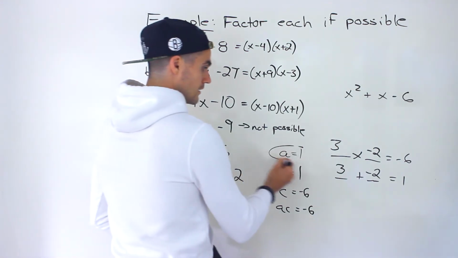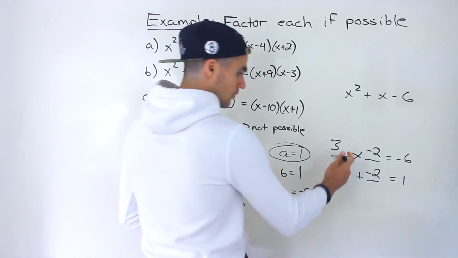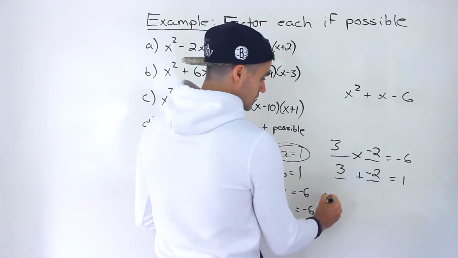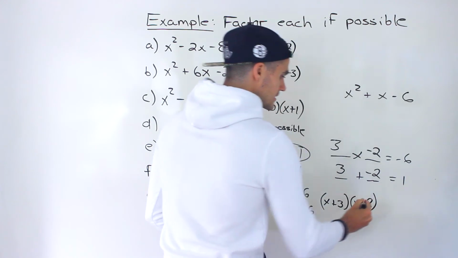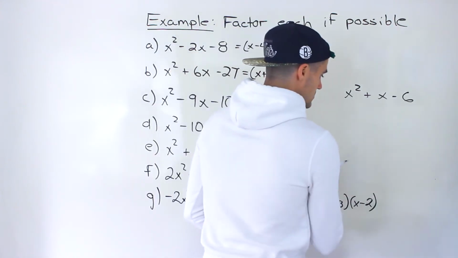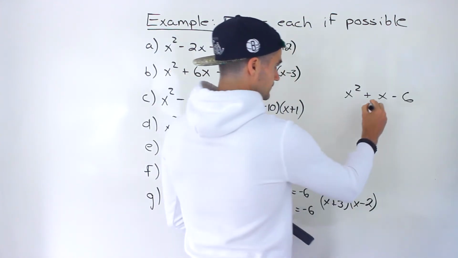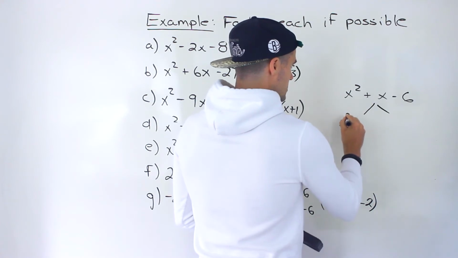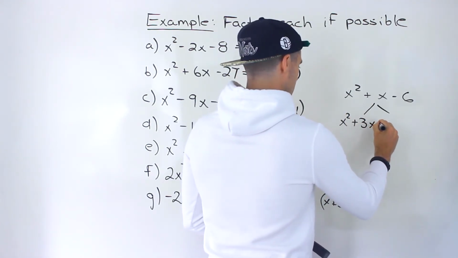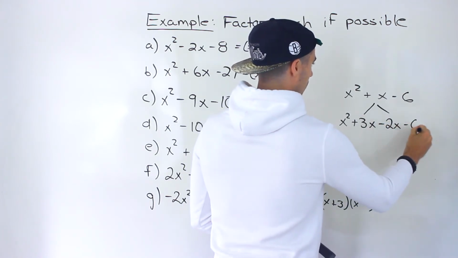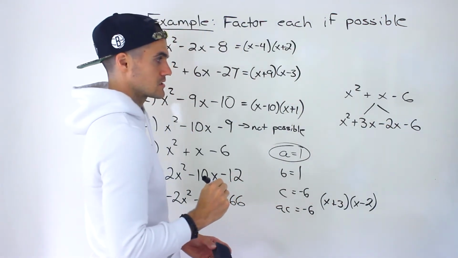Now, because the A value is 1, we know that our final answer is just going to be those two values, basically. But let's do the full process just to warm up for the next section when that A value is not going to be 1, and in case your teacher requires you to do this process.